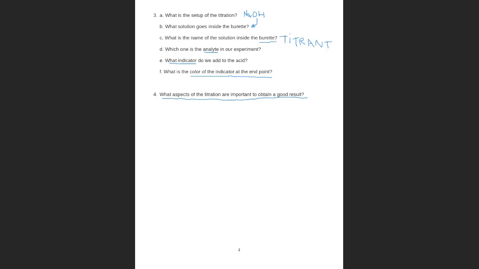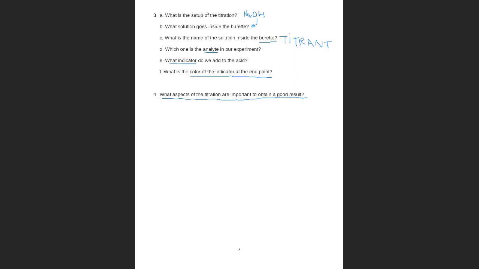First of all, you have to make sure that you do not pass the end point. It has to be a clear pink. Otherwise, you keep on adding, and when you record your volume it is going to be wrong. It's going to be higher than what it is. As soon as you see the pink, you stop and then you record the correct volume. That is one of the errors that we see frequently in the lab.